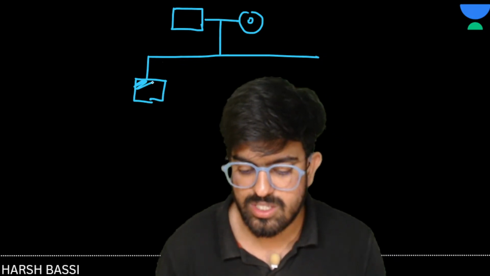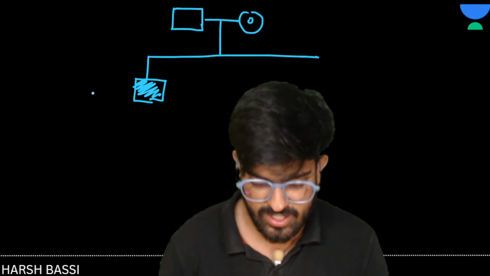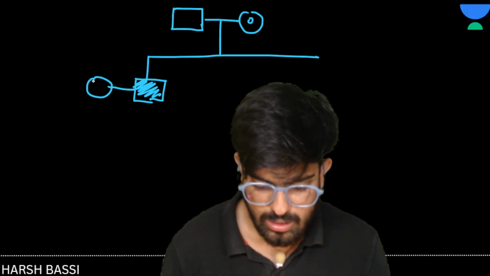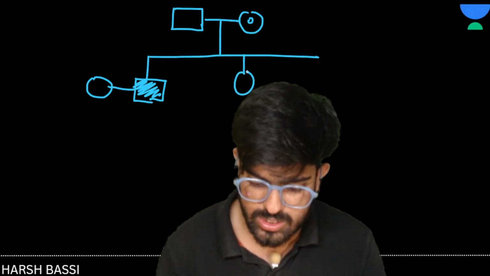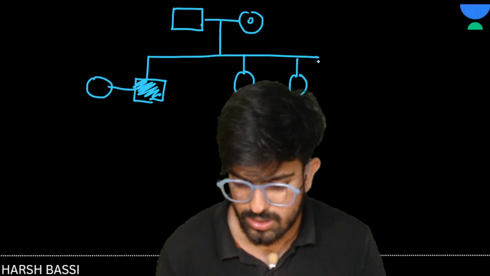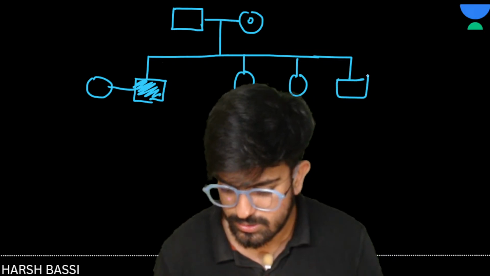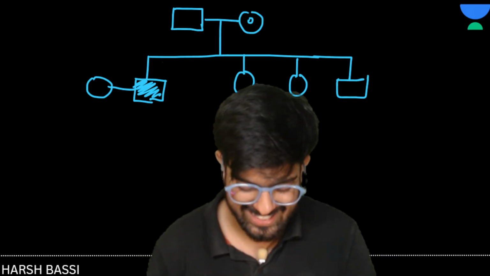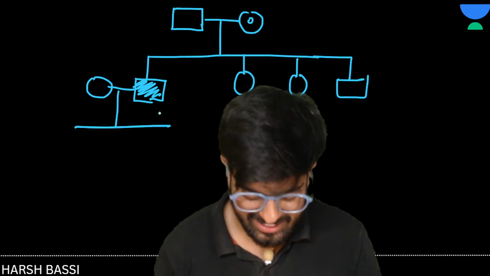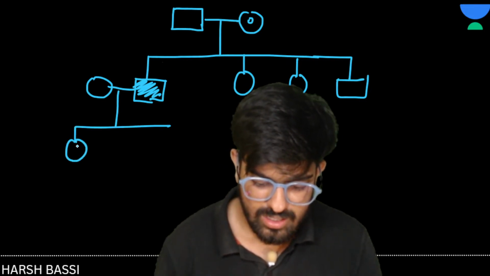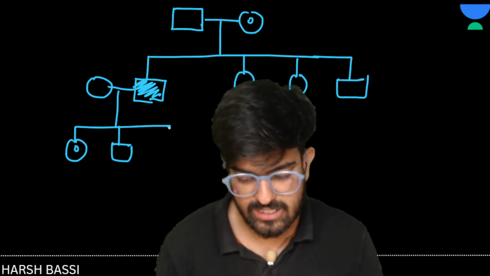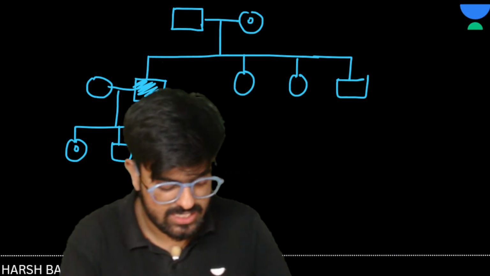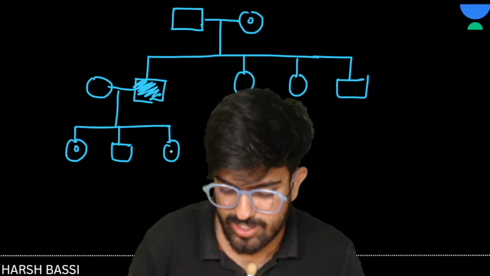This is shaded, which means affected, and like this we have, let me draw some more. And then here we have, my mom is a painter and see, his son is what, Pablo Picasso.